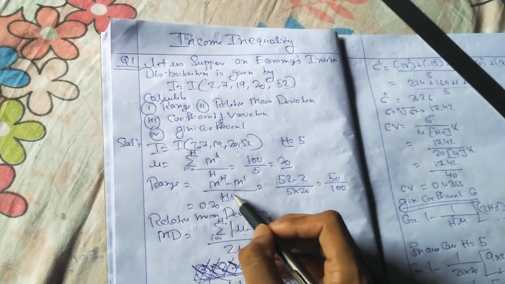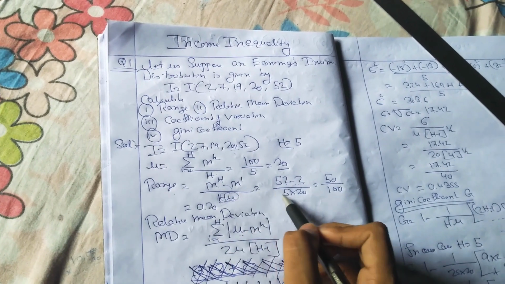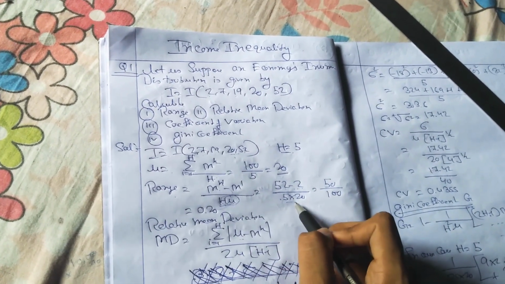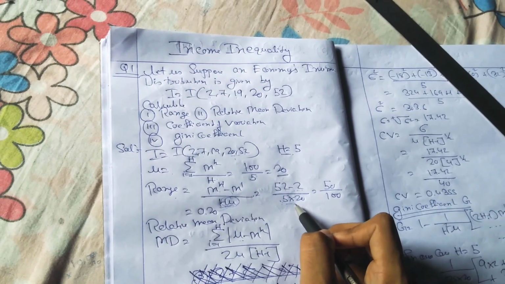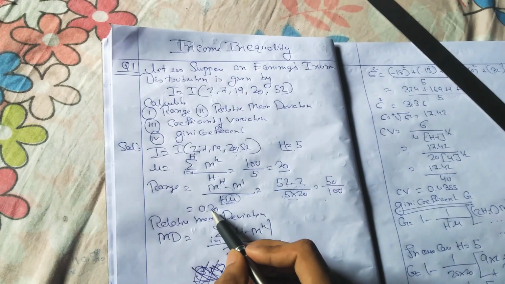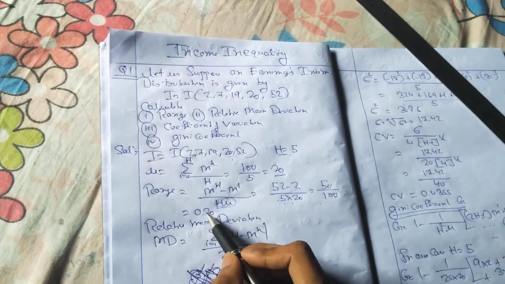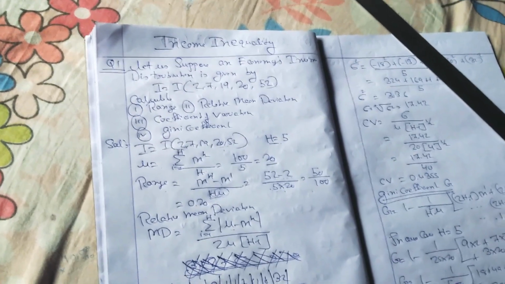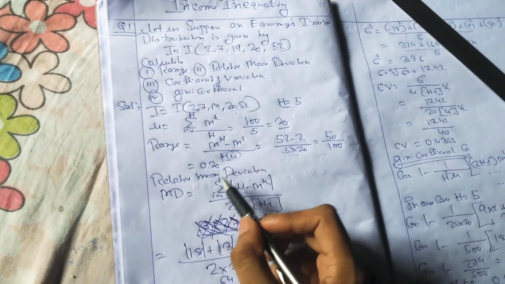We divide it by the total income of the society to calculate the range. So 50 by 100 gives a range of 0.20. Based on the range, income inequality in the society is 0.20.